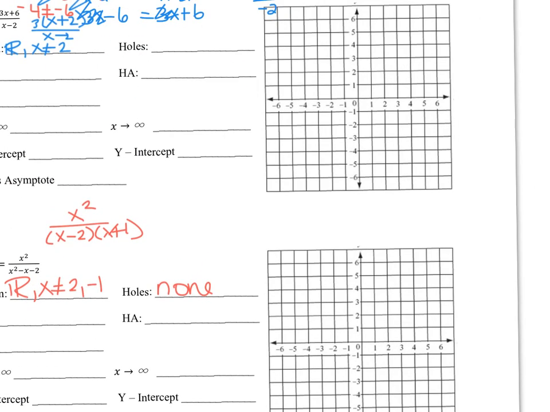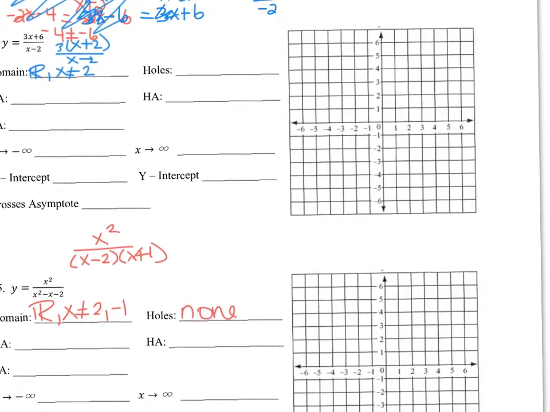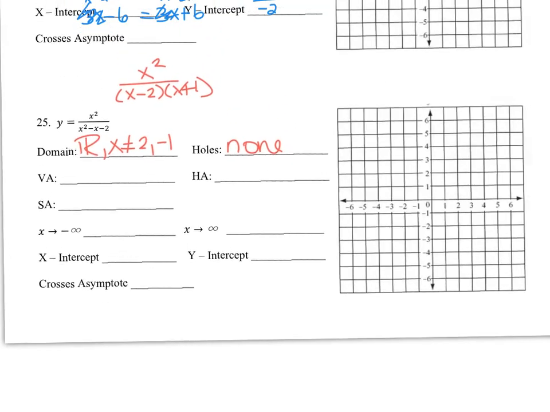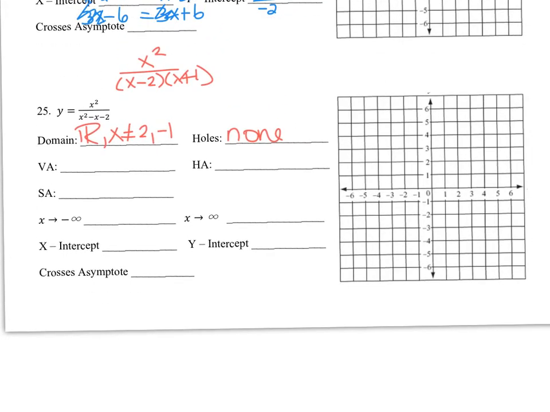Vertical asymptotes, I have x equals 2 and x equals negative 1. Horizontal asymptotes, your degree is the same, so it's the coefficients, y equals 1. So I have no slant asymptotes.